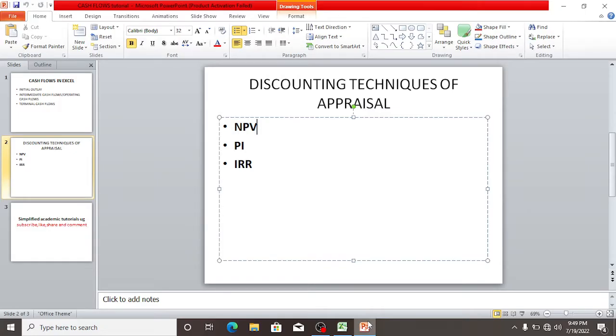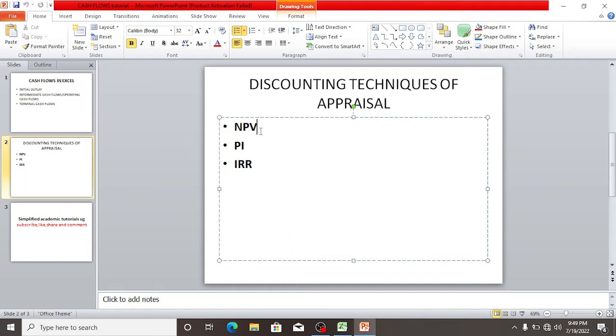In today's video, we are going to look at discounting techniques of appraisal. Discounting techniques of appraisal are those techniques that we use, and they consider the time value of money. Those techniques are the NPV, profitability index, and the internal rate of return.